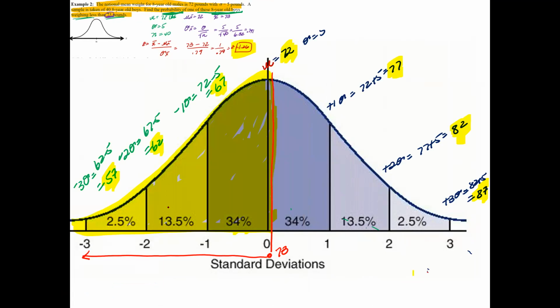Okay, so then everything here is 89.62%. So 89.62% of 8-year-olds weigh less than 73 pounds. And that's how you would answer this question.